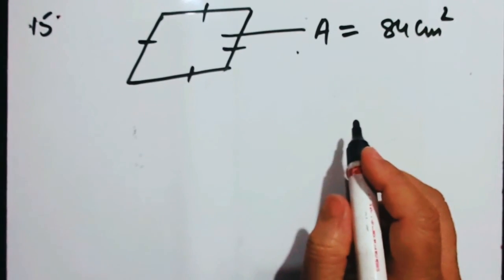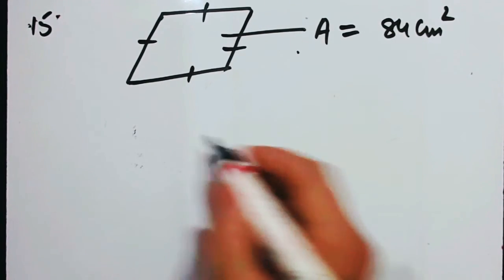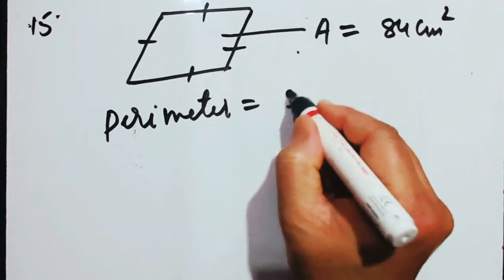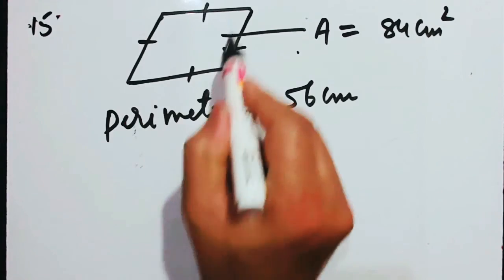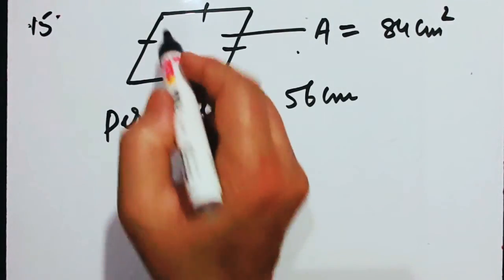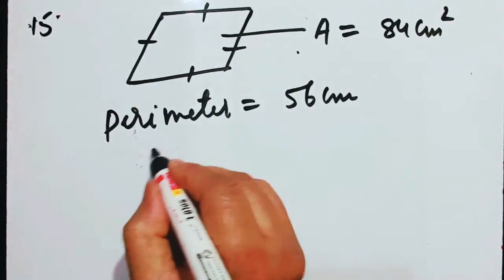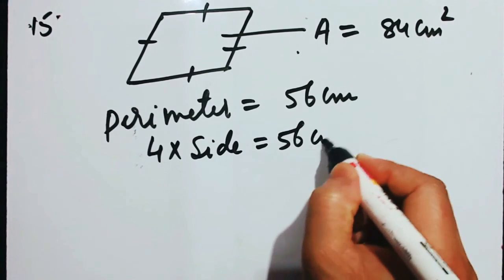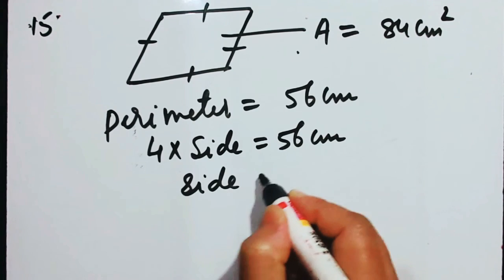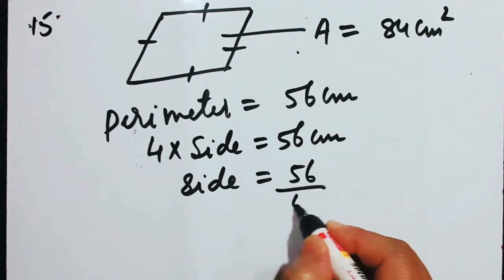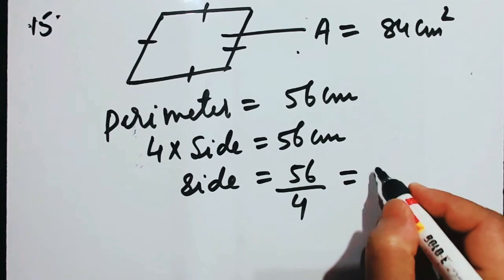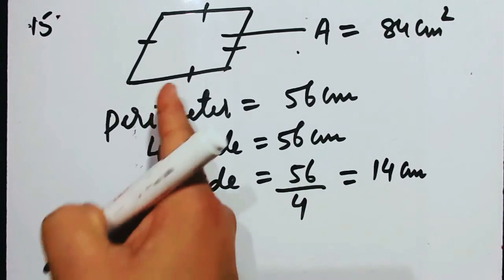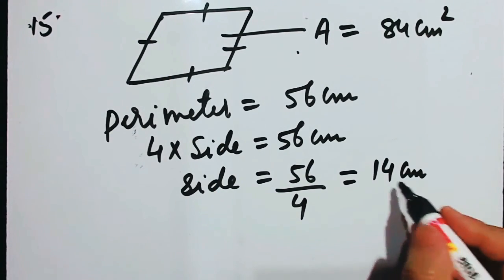And the perimeter of this rhombus is equal to 56 centimeter. Since all the sides are equal, perimeter is equal to 4 into side. 4 into side is equal to 56 centimeters. So each side will be 56 by 4, which will give you 14 centimeter. So each side is equal to 14 centimeter.